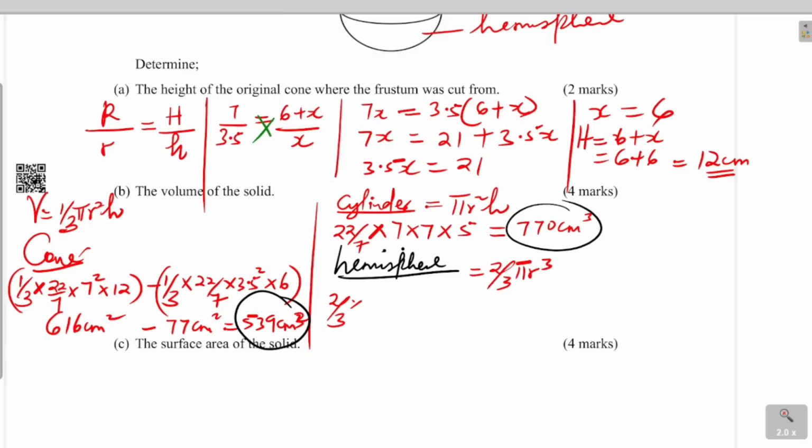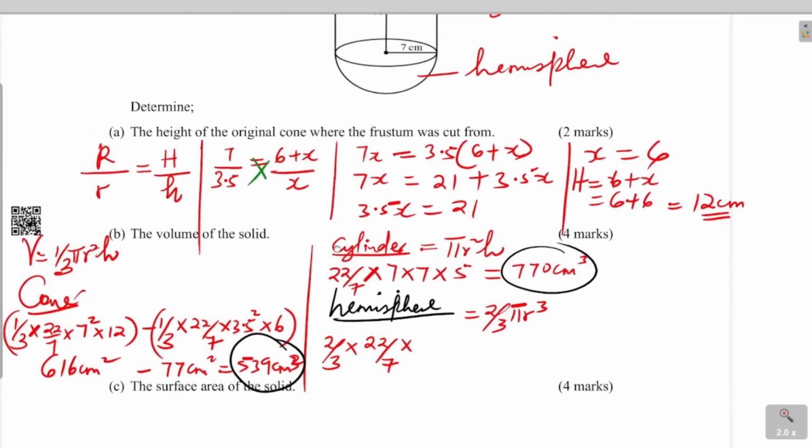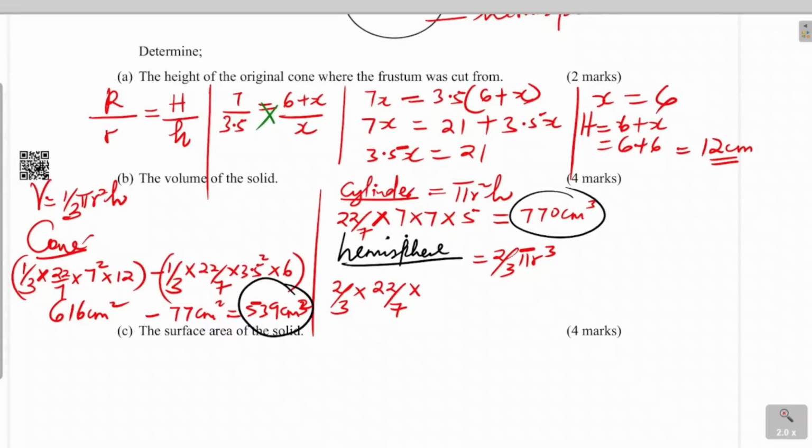So 2 over 3 pi, and the radius of that sphere is 7, so this will be 7 cubed. When you multiply these, this will give 718.67 centimeters cubed. So now we have the volume of the three of them.